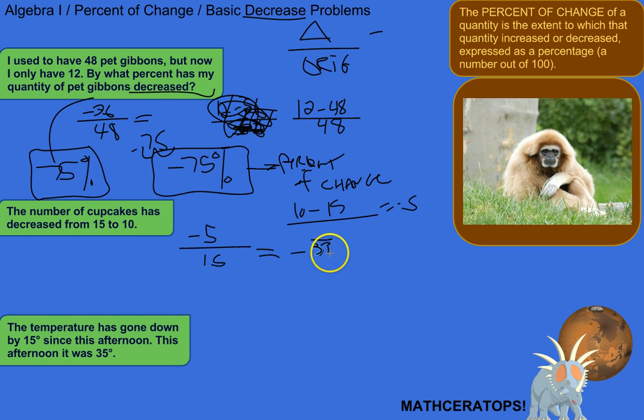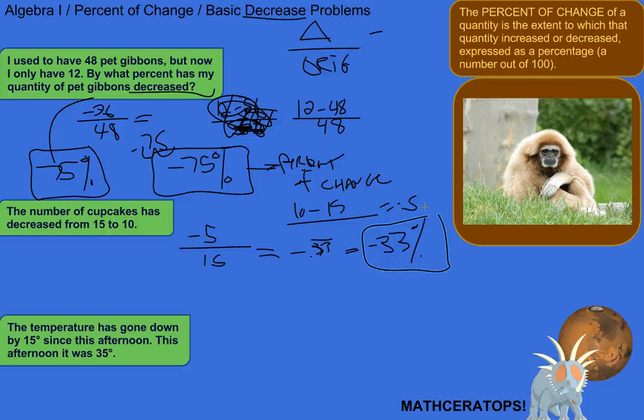And then to turn that into a percentage, move the decimal to the right. So the percent of change would be roughly negative 33%. Or if I wanted to answer it as a percent decrease, I would say my number of cupcakes has decreased by 33%.